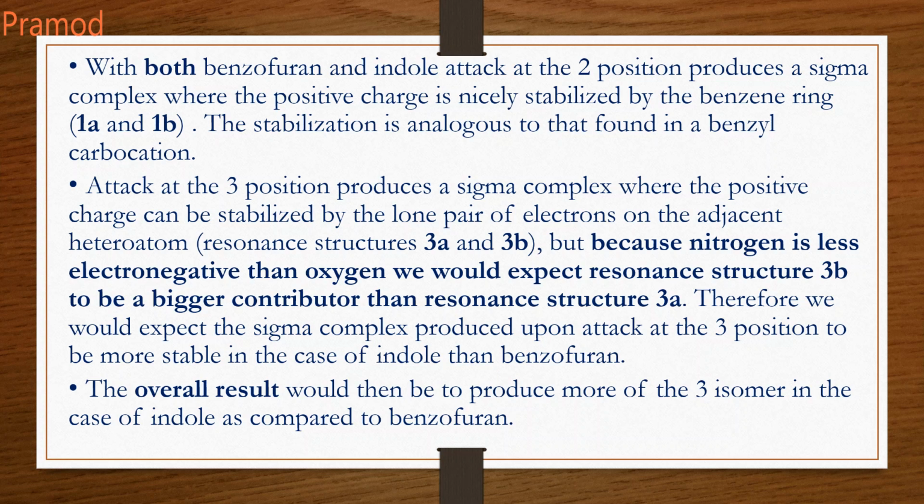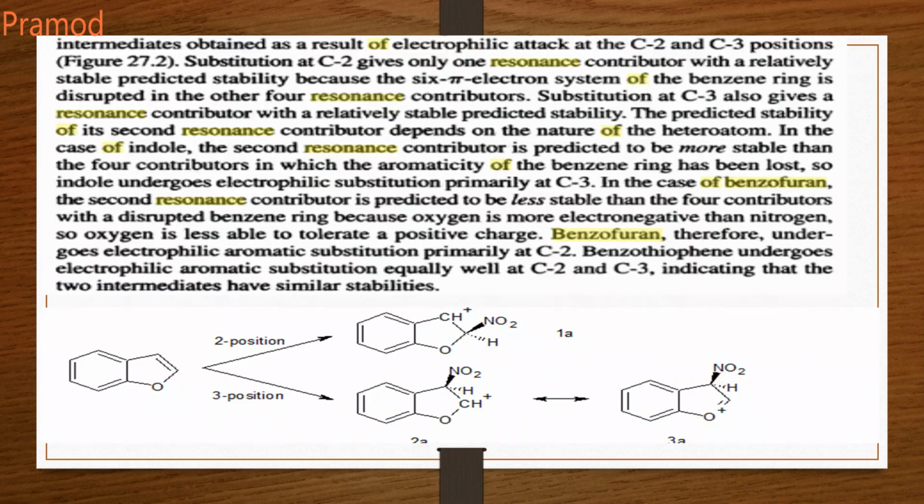So the next reaction will take place at the second position as compared to that. That's the reason why your benzofuran will give you electrophilic substitution favored at the second position compared to the third, which is seen in the case of indole.